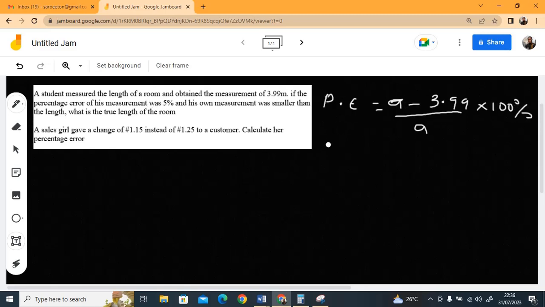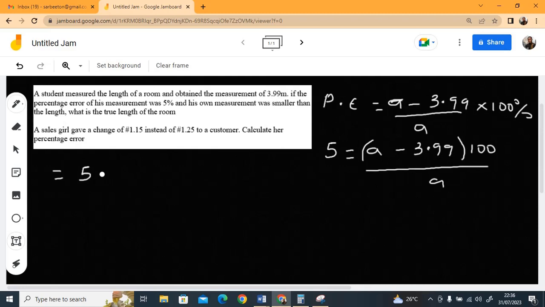The percentage error given here is 5. So 5 equals the actual length A minus 3.99, and you are multiplying by 100, so let me put it in brackets so that the 100 affects both, because it's a binomial, all over A. So 100 times A is 100A, and 100 times 3.99 is 399.